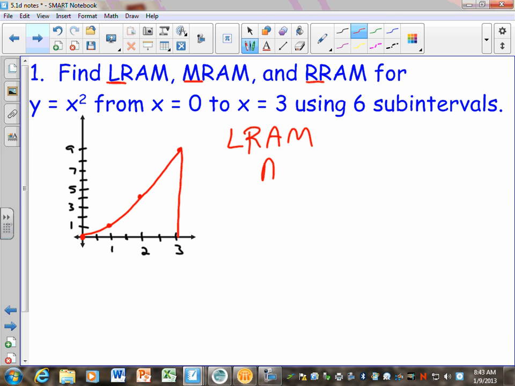Remember that area is length times width of a rectangle. I'm going to change that length to height because I just like it better. So I'm going to say width times height. Are our widths all the same?